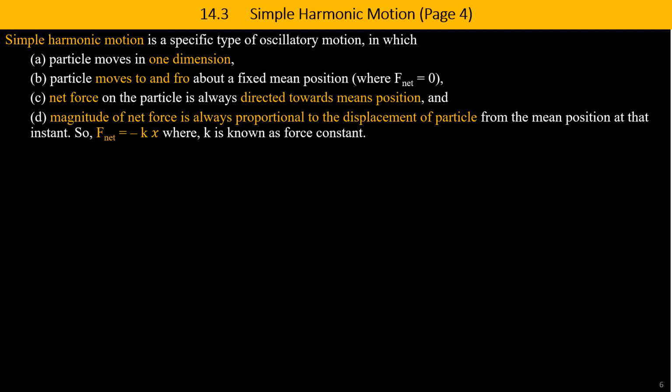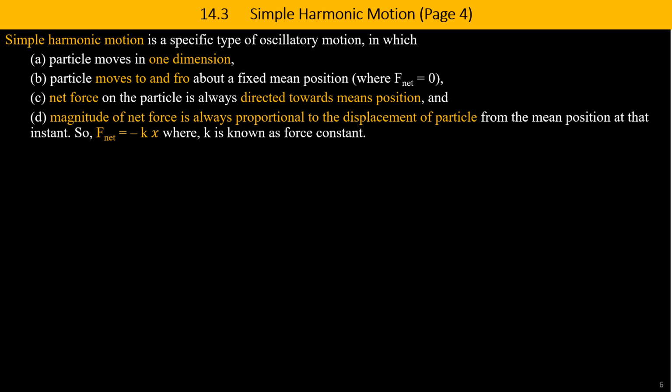Simple harmonic motion. Simple harmonic motion is a specific type of oscillatory motion in which a particle moves in one dimension. The second condition is the particle moves to and fro about a fixed mean position where the net force is 0.